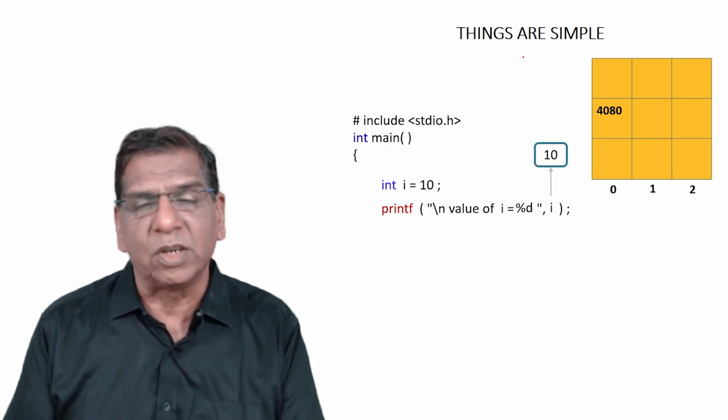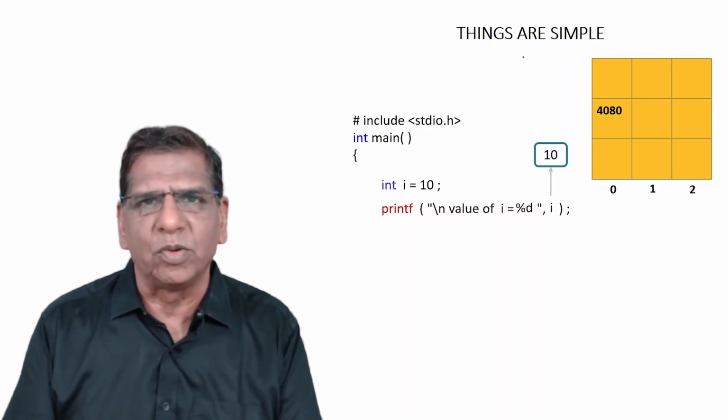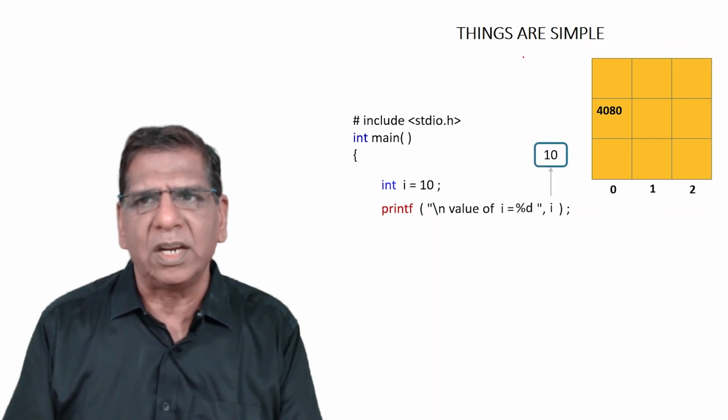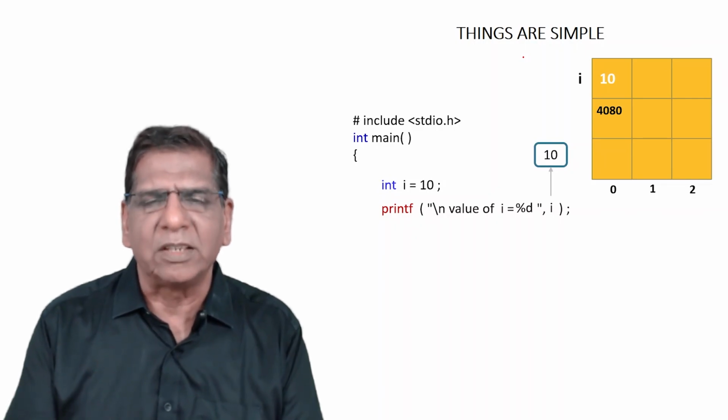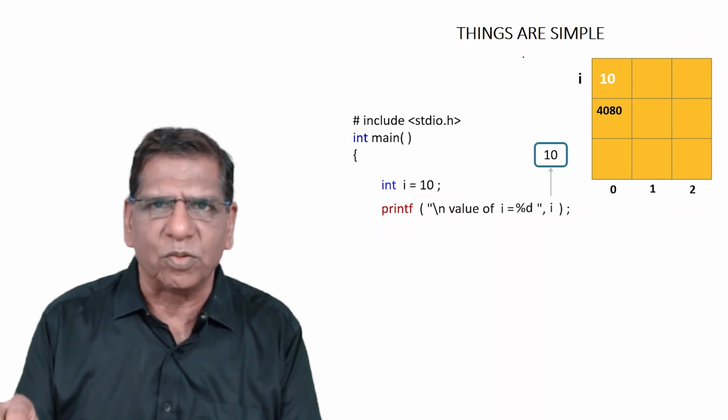Which one will get chosen? Over that we have no control. But assuming that location number 4080 gets chosen for i, the value 10 would get stored in it and a name i will be given to that location. So when I say printf %d i, the value stored under location 4080, that is 10, will get printed out.